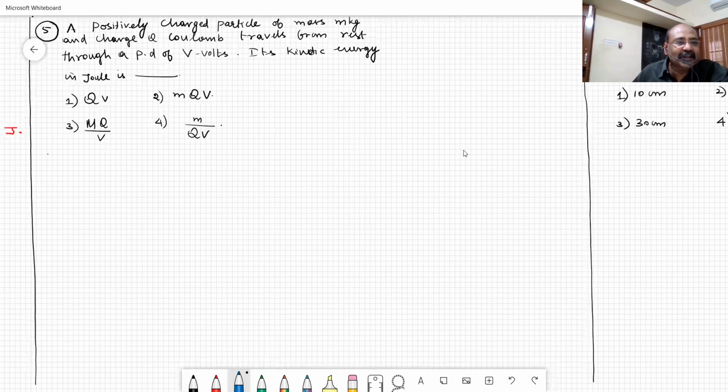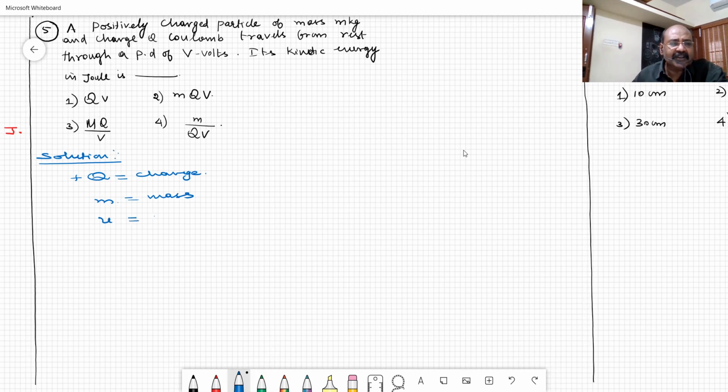Okay, let us consider the solution. A positively charged particle. So let us consider the charge of the particle as plus Q, since it is given as positively charged. It was given the mass of the charged particle as m kilogram and a charge q coulomb, and it travels from rest.